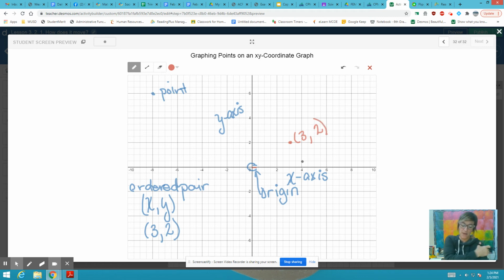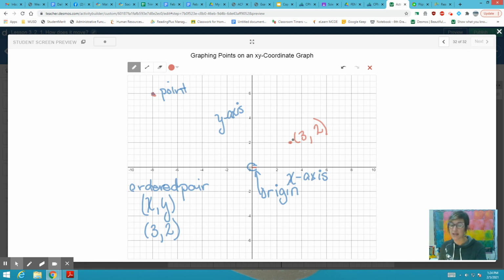The example that we're focusing on here, this area of the graph, is actually just one of 4 regions of an XY coordinate graph. And as we go deeper into our math and as you become more comfortable with graphing, you will learn about the different quadrants in a graph. Again, let's talk about our vocabulary. This is the point.